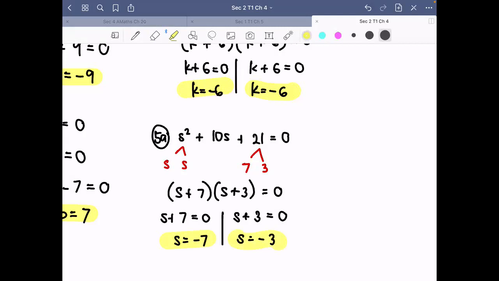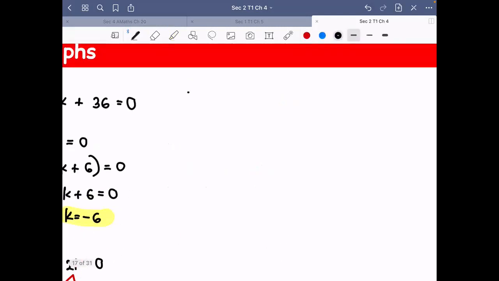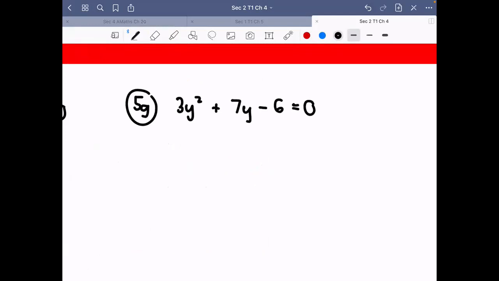And then lastly, I gave you guys 5g. Okay, 5g. So for 5g we have 3y squared plus 7y minus 6 equals 0. Okay, so again, this is by guess and check.